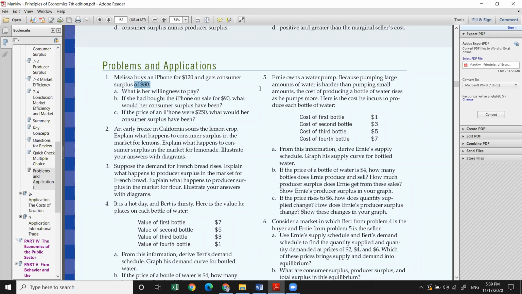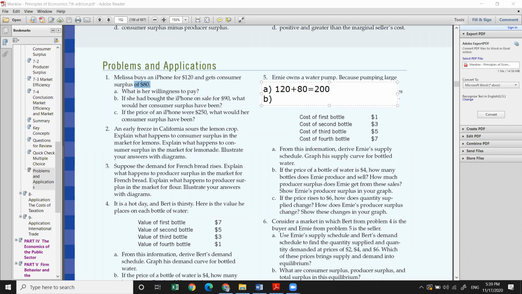It's better. So A, 120 plus 80, that will give us the willingness to pay, which is 200. So Melissa is willing to pay $200, but she has paid 120 and she gets the benefit of 80. This benefit is called, in other words, consumer surplus.